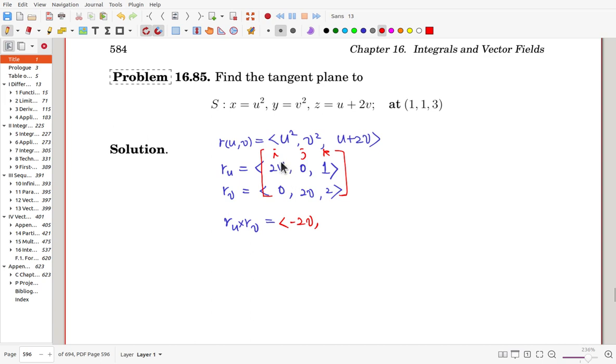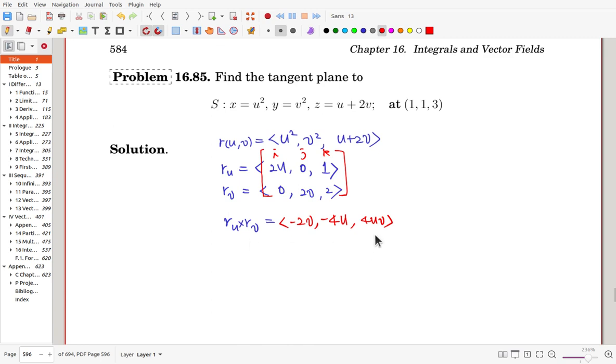For j, eliminating this row and column, and then taking minus this one, gives minus 4u. And for the last one, eliminating that one, we have a minor, that product minus that one, so there's 4uv. Okay. So for every point, we have the normal vector.